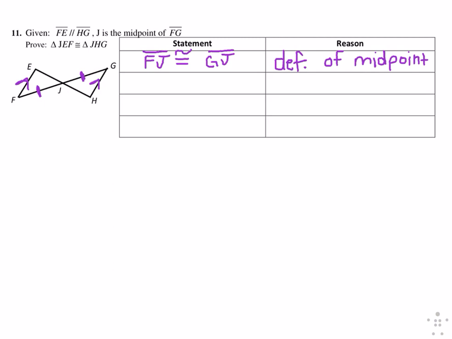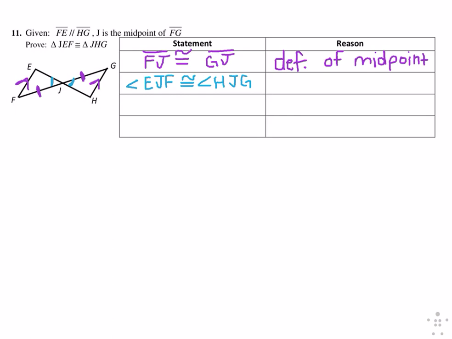All right. Now, another thing that we could show here is that we have these vertical angles right here. So we have 2 vertical angles. So we can say angle EJF is congruent to angle HJG.